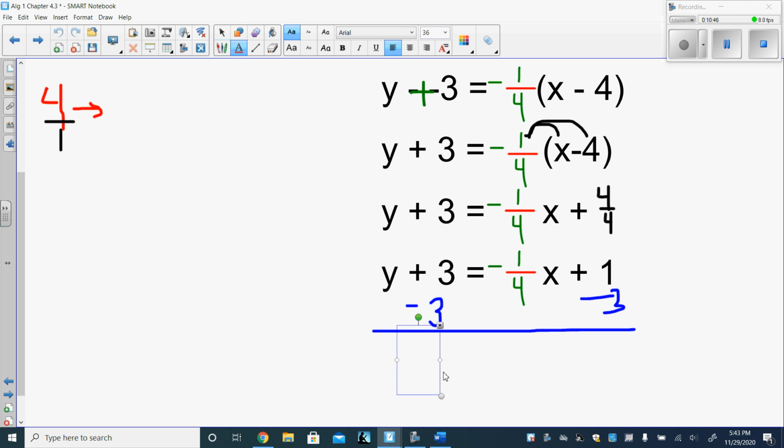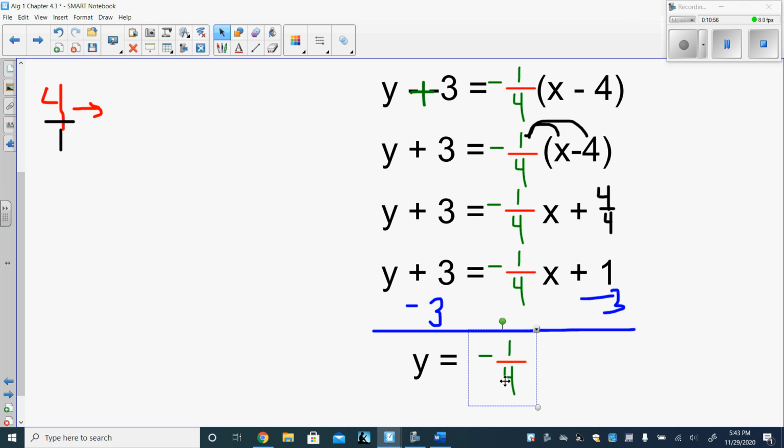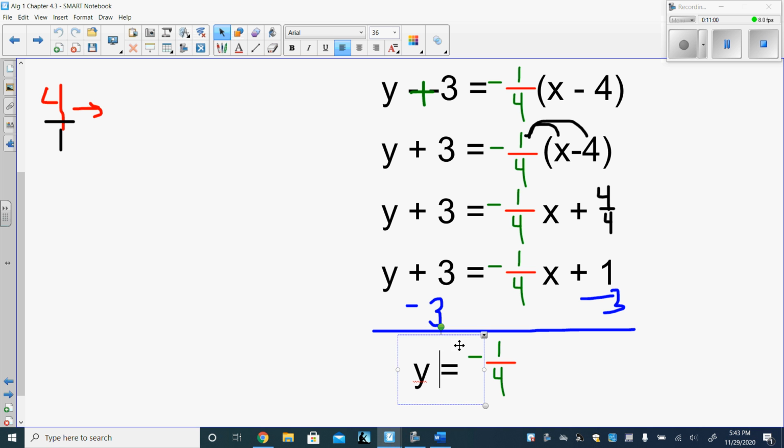And when we do that, negative 3 plus 3 will cancel, so we get y by itself is equal to, and again, I'm just going to keep bringing down this negative 1/4. So we have y is equal to negative 1/4 x, and our positive 1, so 1 minus 3 would give us negative 2.